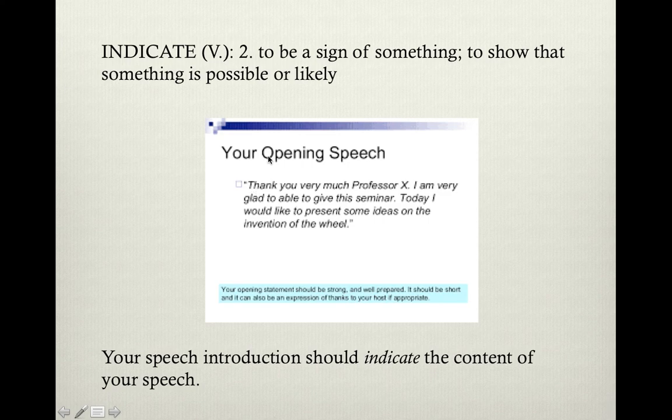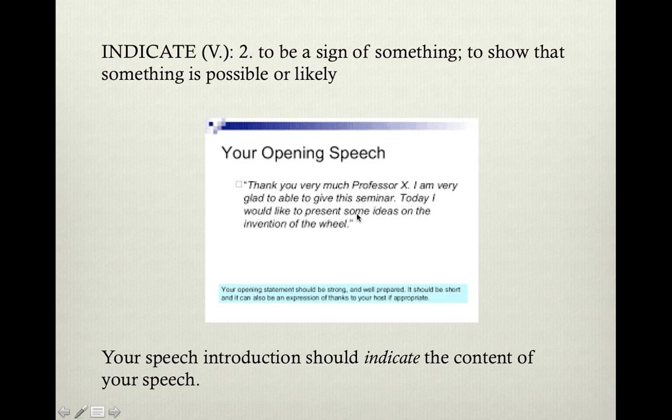Okay? And this example right here, for your opening speech, says, "Thank you very much, Professor X," which really works, right? We do have a Professor X spelled differently, but Professor X. I'm very glad to be able to give this seminar. Oh, there's a typo right there. Didn't realize that. I'm very glad to be able to give this seminar.